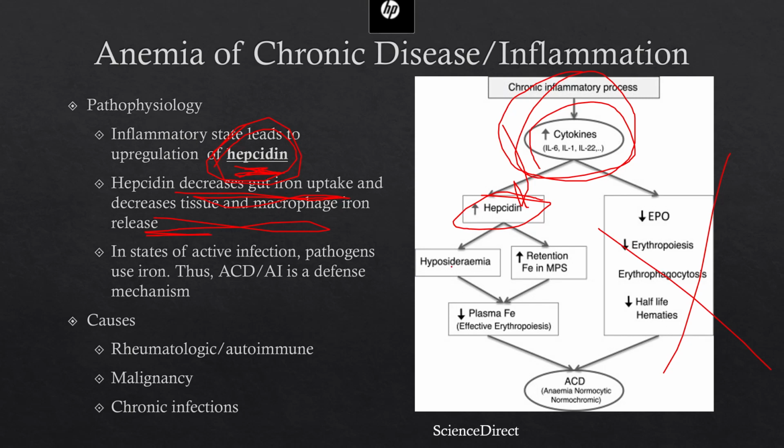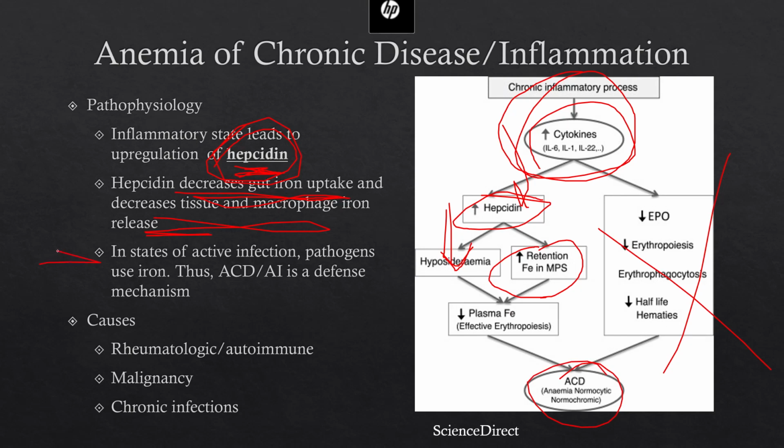Okay, so this comes down to hypoferremia, which means low amounts of serum iron, free iron in the blood, and increased retention in the tissues. MPS is basically your macrophages and your reticuloendothelial system. Okay, so you have increased retention in the tissues, decreased free iron, thus giving you anemia of chronic disease.